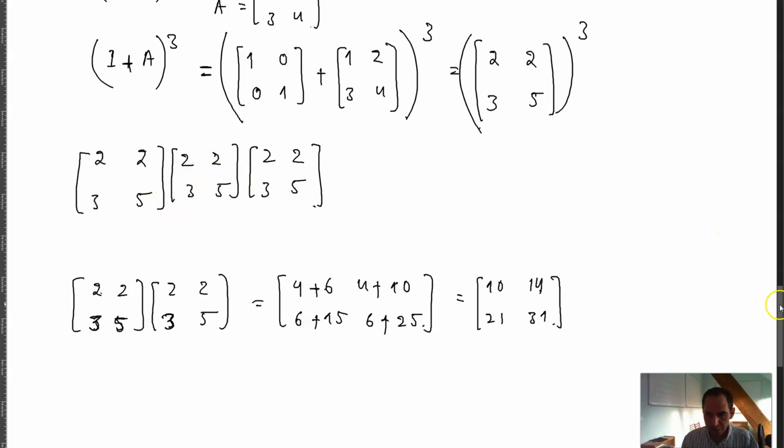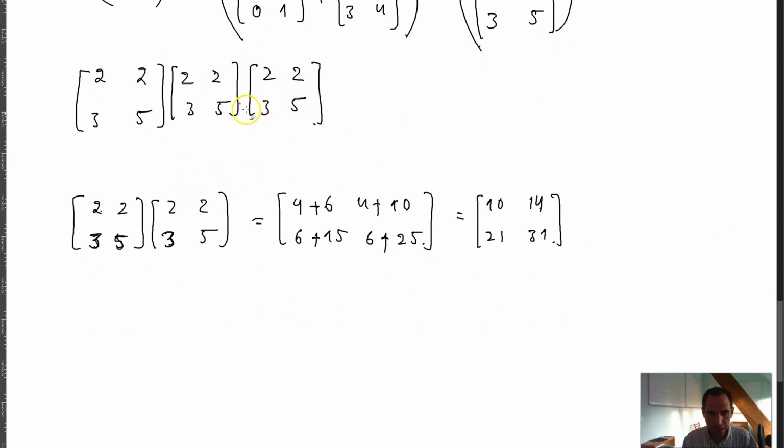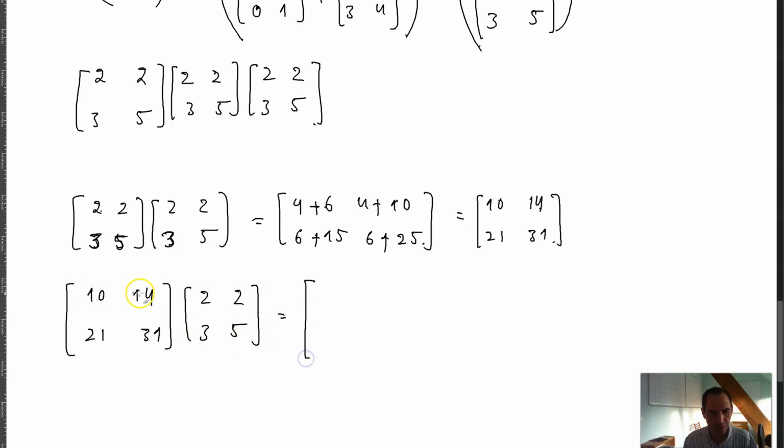Now if I take this matrix and multiply by A again, I'll get 10, 14, 21, and 31, and multiply it by [2, 2; 3, 5], and that gives me basically this row times this column is 20 plus 14 times 3, which is 42.